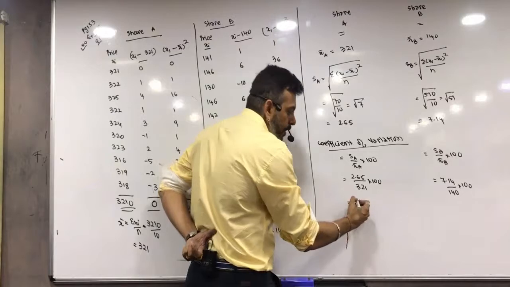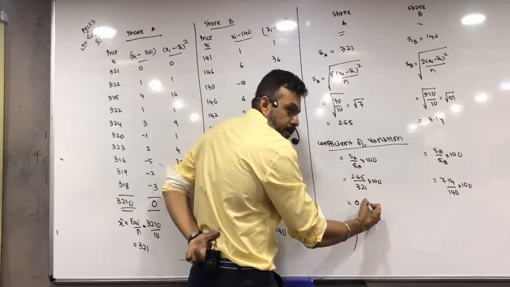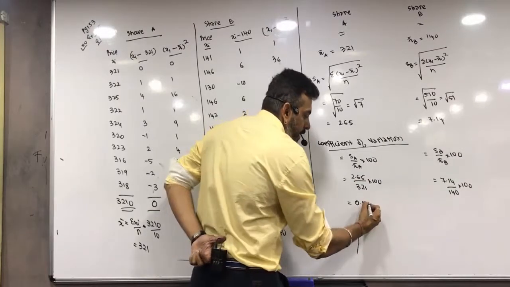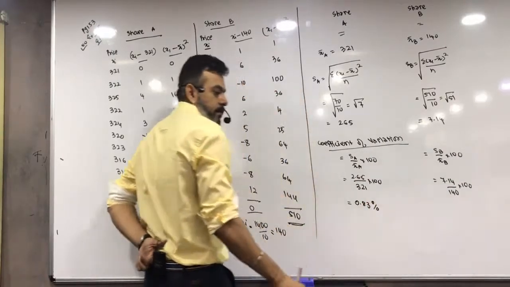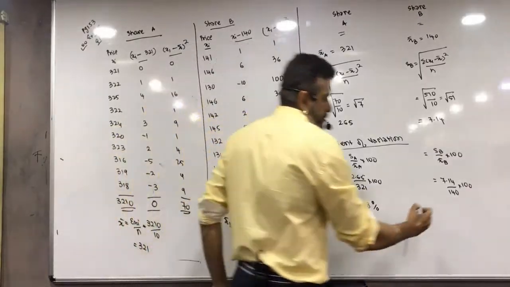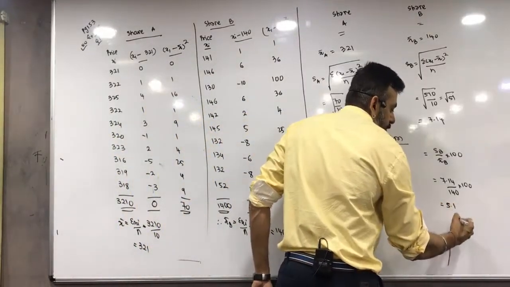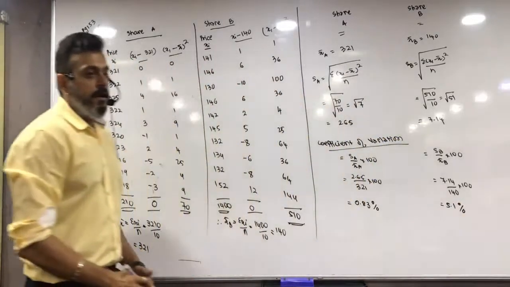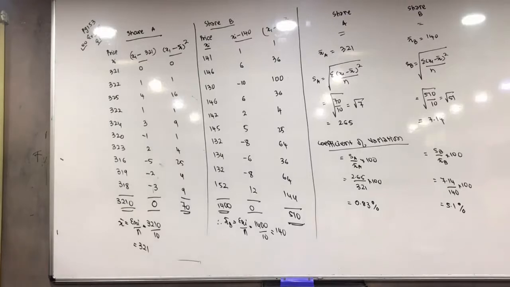Here you are getting 0.82 के बाद क्या आ रहा है? So 83% because it is into 100 and over here 5.1%.